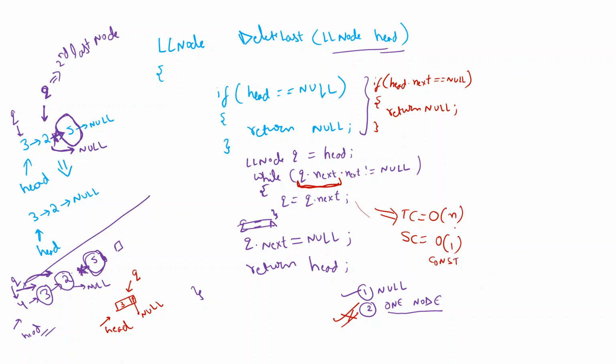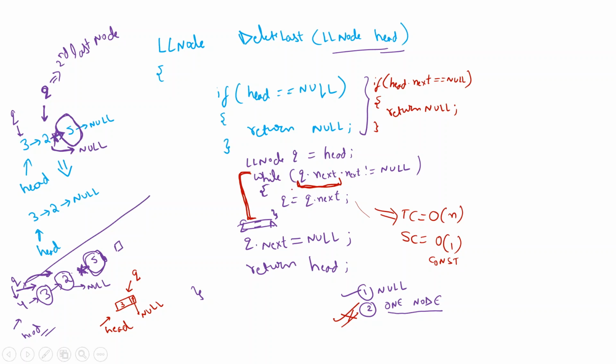Time complexity is order of n because of this loop. This loop depends on the number of nodes of the linked list.